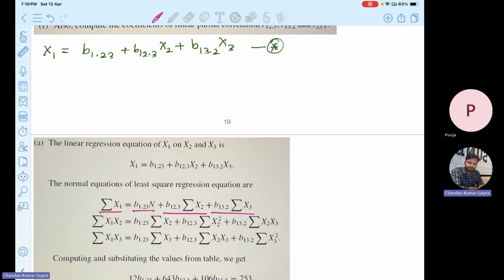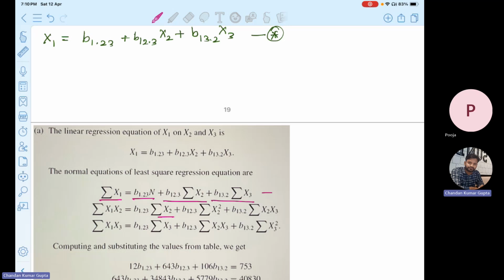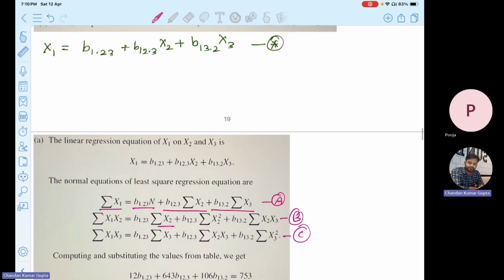In the third equation, equation A is this, equation B is this, and equation C is this. In C, we multiply with x3 in equation star and then take the summation, and we find this. So these are our normal equations.